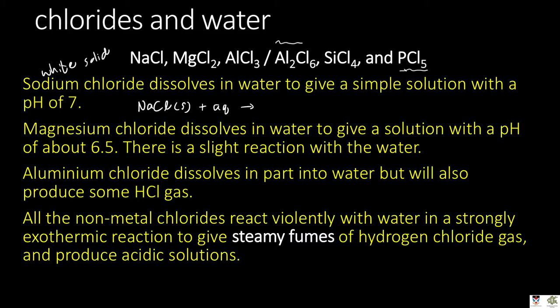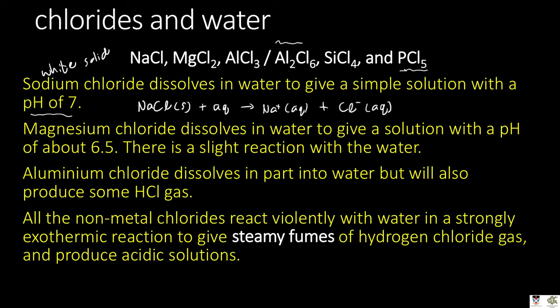They will dissociate in the solution to form Na+ (aq) plus Cl- (aq). And this colorless solution will have a pH of 7. So that is a neutral salt.